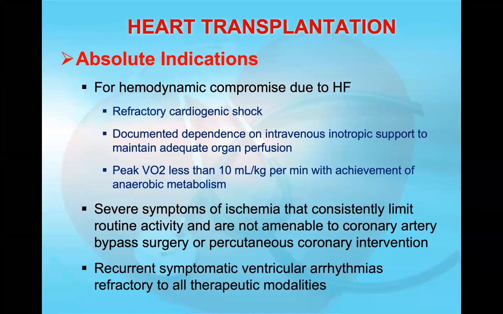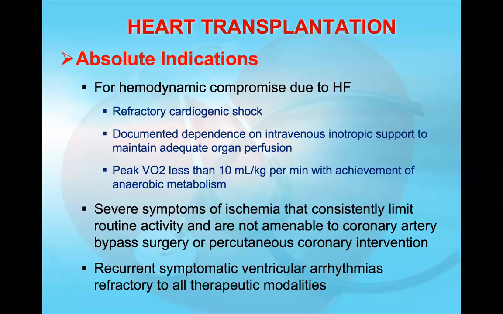The presence of MCS is an absolute indication if the patient does not have any contraindication for heart transplantation, such as HIV or age. Once the peak VO2 is less than 10, that is considered very incompatible with life.